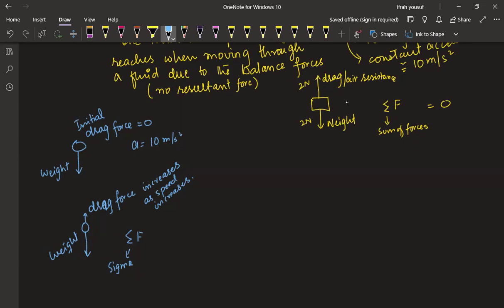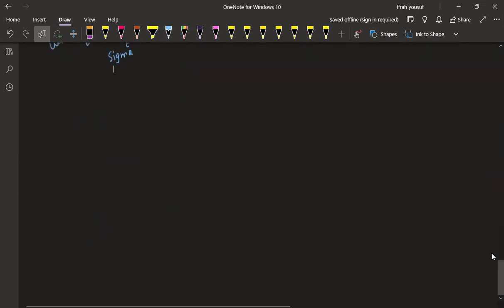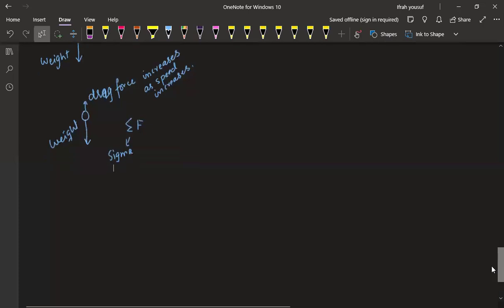So since you can see here the weight is greater than the drag force, that's why the object is moving towards the weight. Clear? I hope this point is clear now. There's no confusion. Okay. So sigma, that is the resultant force or net force, is towards weight. Clear? Right?